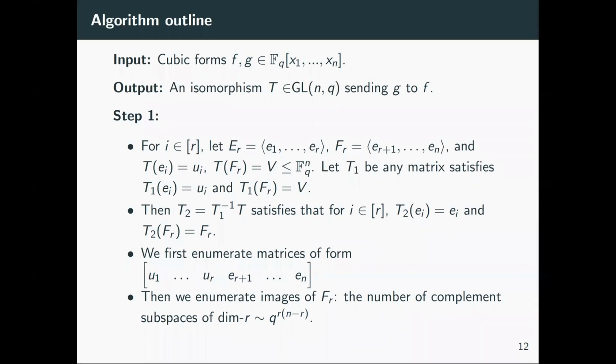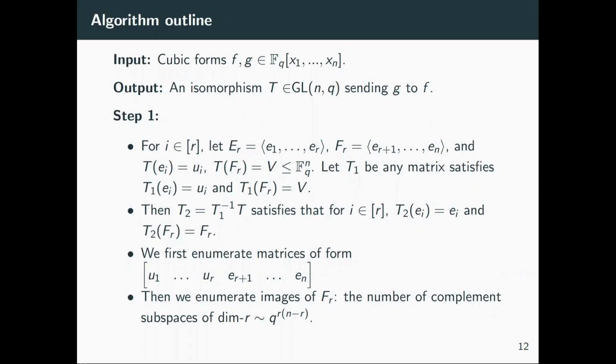Okay, we first enumerate matrices of the form U1 to UR and E_(R+1) to E_n. Let's find the image of Ei. Then we need to enumerate the image of F_R.